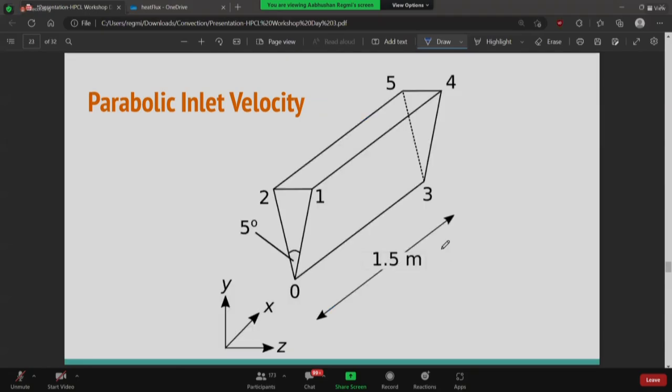For a parabolic inlet velocity, we will not need the other block that was here before. We don't need this, we will ignore it, and only the second block can be utilized.